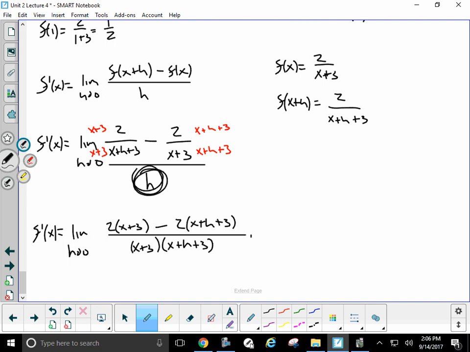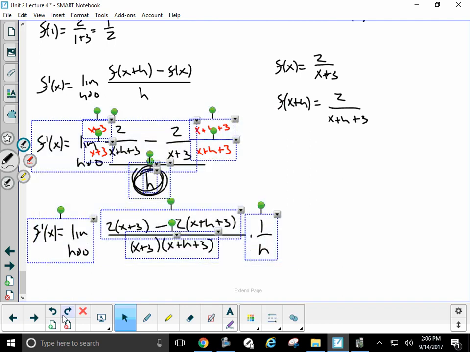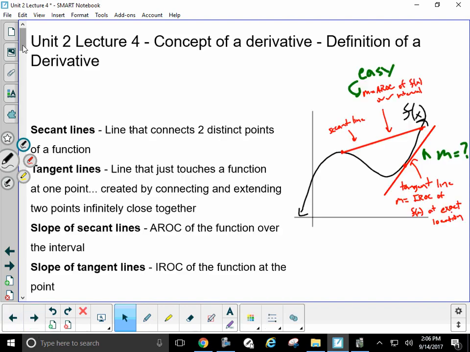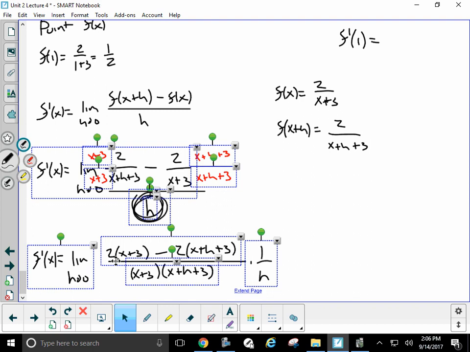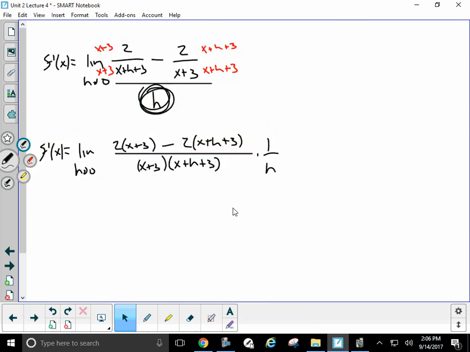This is the most important part of this problem, because we're going to have to get rid of this so that I can plug in 0 for h. Okay, so we're here. Let me just take this over to another page. There we go. Okay, and let's see what happens now.